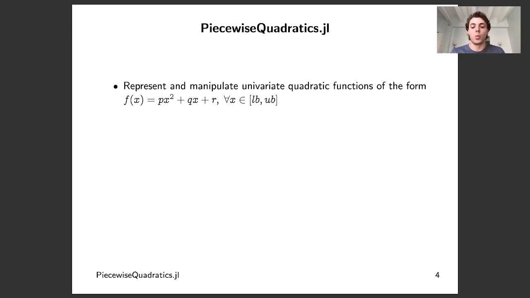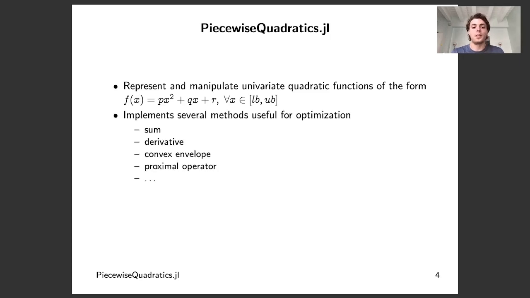Note here that we are defining the function to be infinity outside of these bounds. We implement several methods that are useful for optimization, such as the sum, the derivative, the convex envelope, and the proximal operator, and many more, which you can see in our API documentation.